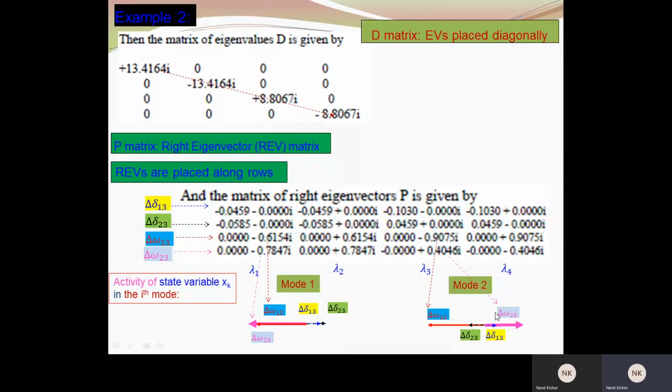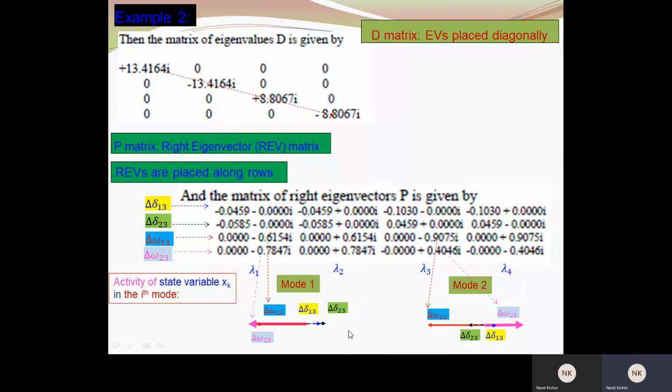And you can get the same information by using the state variables angular frequency or angular speed here. So for mode 2, the generator rotor angles are in opposite phase. However, for mode 1, the two generator rotor angles are in the same phase of oscillation here.